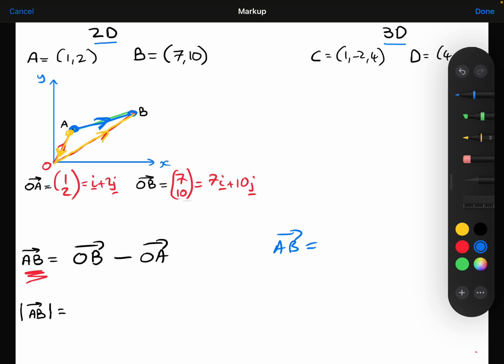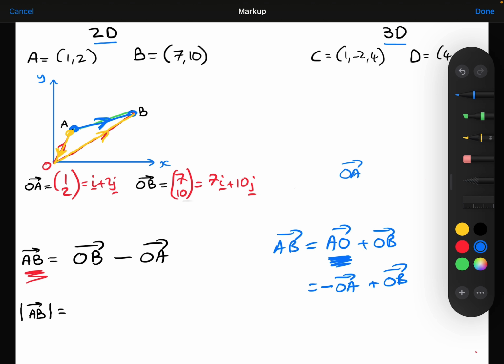So I can say A to B is equal to A to O plus O to B. Now notice that A to O, like I said, is exactly the same as vector O to A, but in the opposite direction. So this equals minus O to A, because it's in the opposite direction.